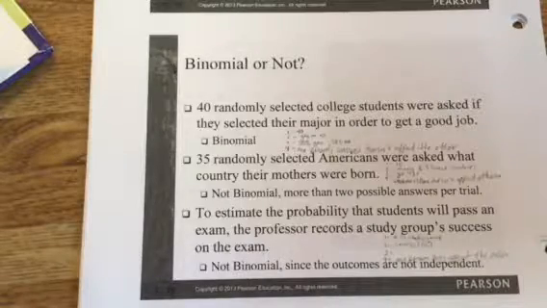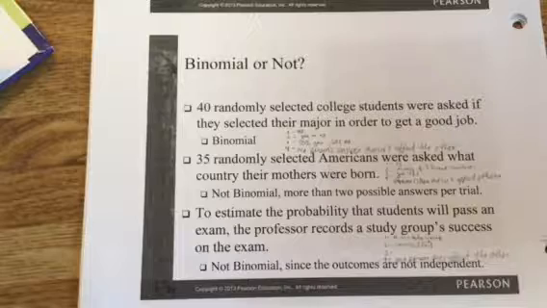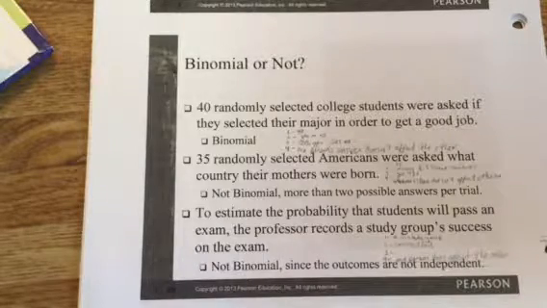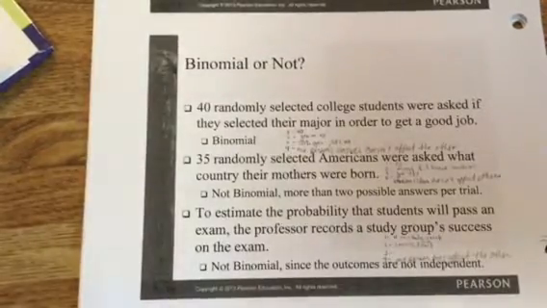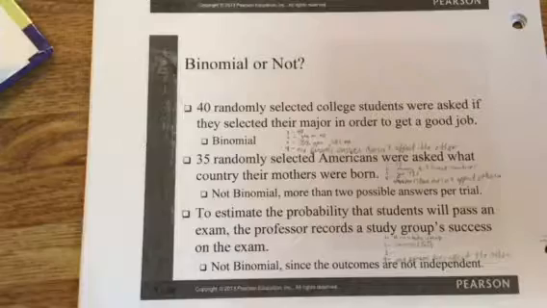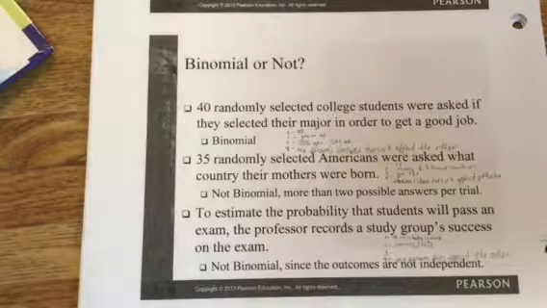There are two outcomes, yes or no. The third one with the same probability of success, yes, that is met because 50% would say probability of saying yes, 50% probability of saying no. The fourth one, they're independent because just because one person says they selected it to get a good job doesn't mean the next person will.